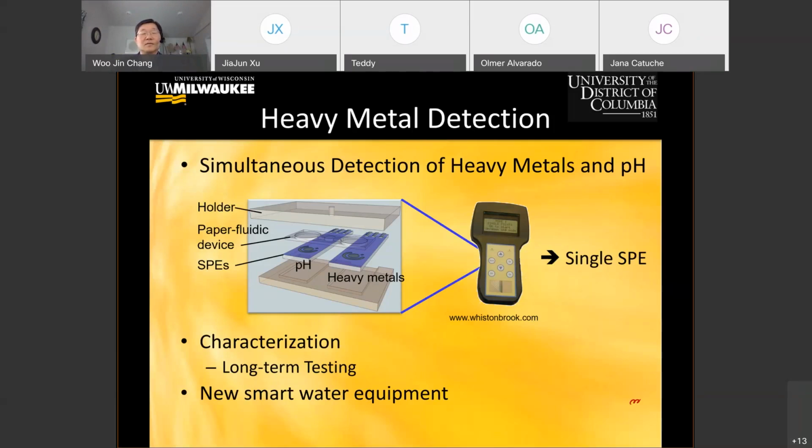Typically it is fine, but if the pH drifts significantly, then the measured concentration of the heavy metals is incorrect. So both pH and heavy metal measurement can be performed in a single sensor, so that we can have better accuracy in heavy metal detection.